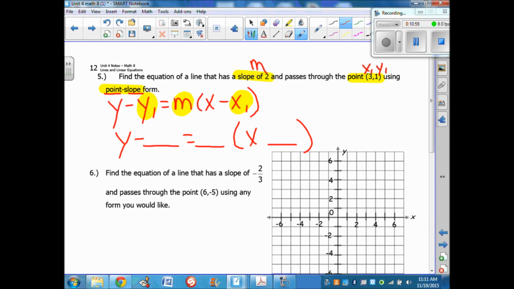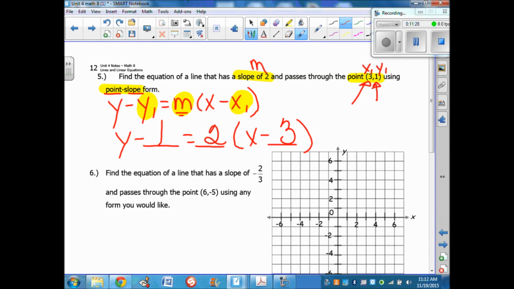My y1 has to go in my first blank, so look over at your problem. What's your y1? It's 1. And then the next blank, that's our slope. What is our m? Our m is 2. And then x minus my x1, and my formula has a minus, I forgot that in there, 3.